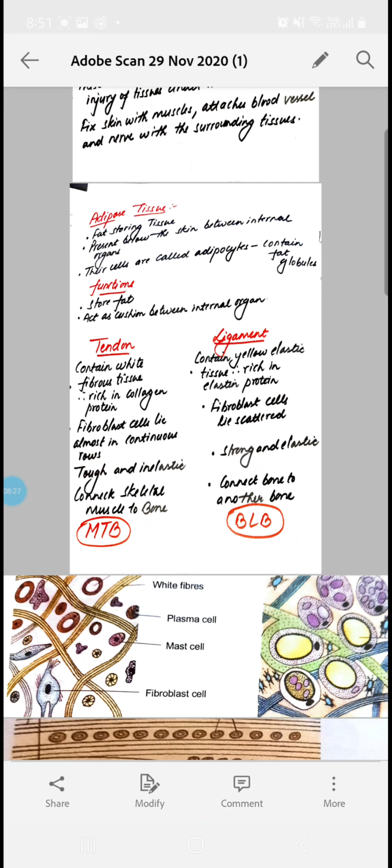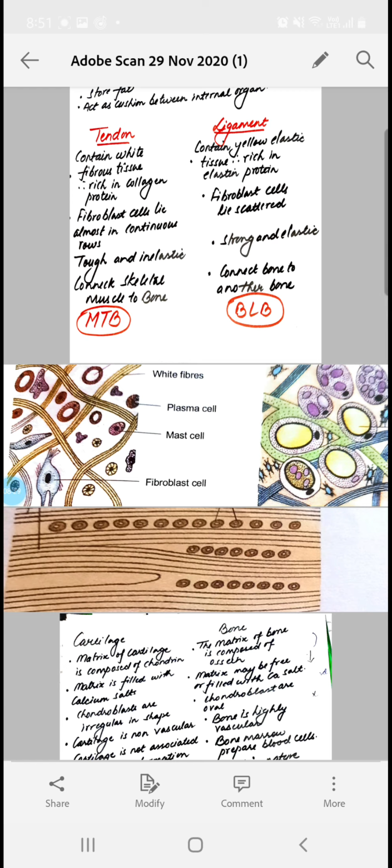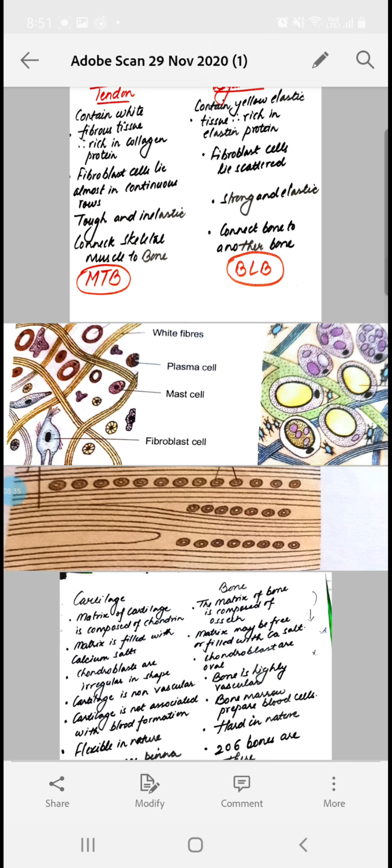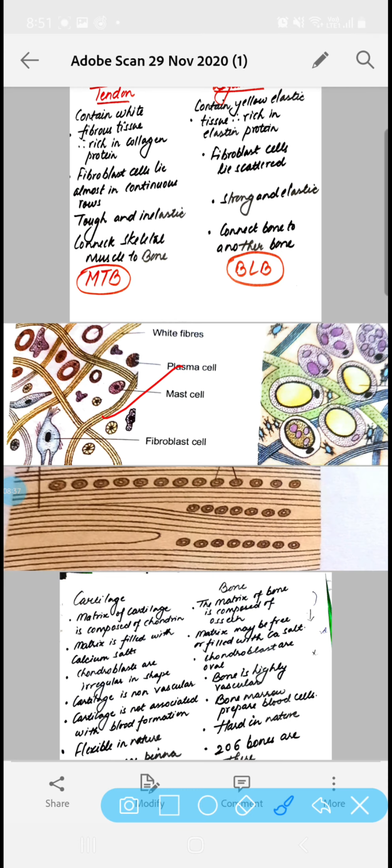Now come to the diagrams of the adipose tissue and areolar tissue. They are present in your book also. So you have to learn the labeling of these parts. You are not asked to draw these diagrams, but very rarely they come in the paper for labeling. So you should know the labelings.